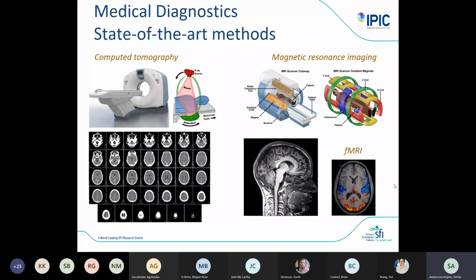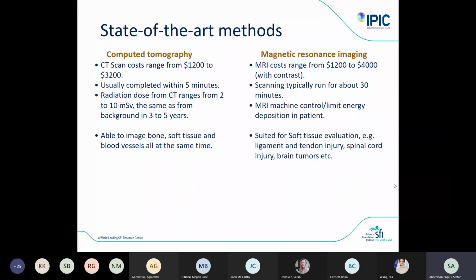So that's more what we call functional MRI. So these are both very conventional techniques and are used quite a bit. It takes some time to go through such an imaging modality, 5 to 30 minutes here. For X-rays, for computer tomography, you obviously have X-ray radiation, which is harmful. So you should be a little bit careful about that.